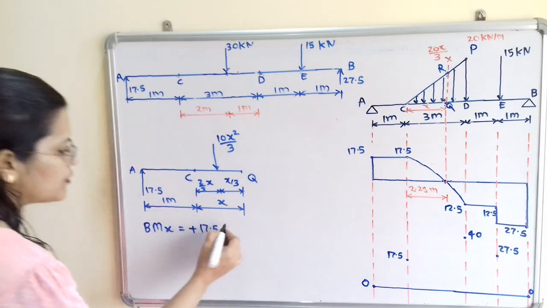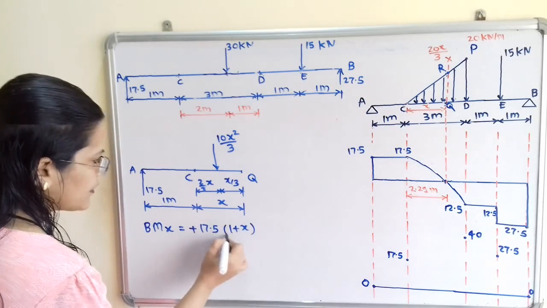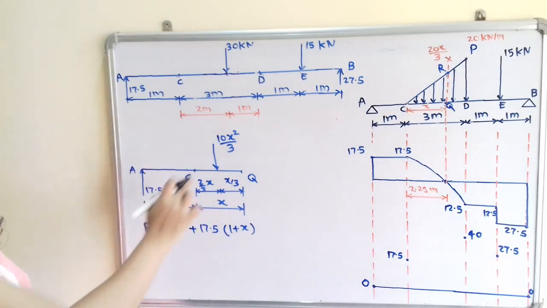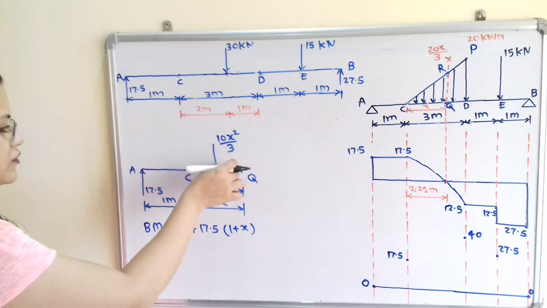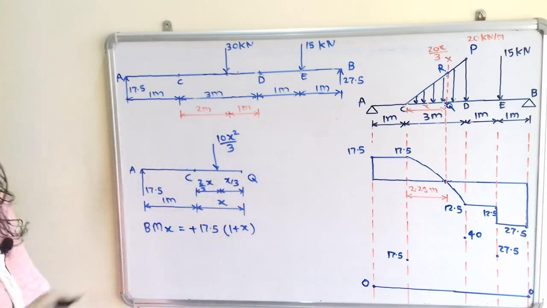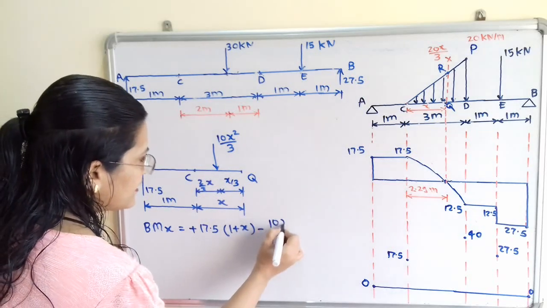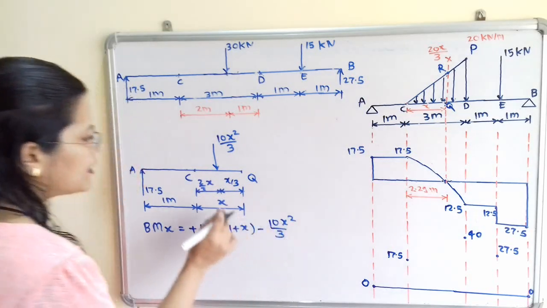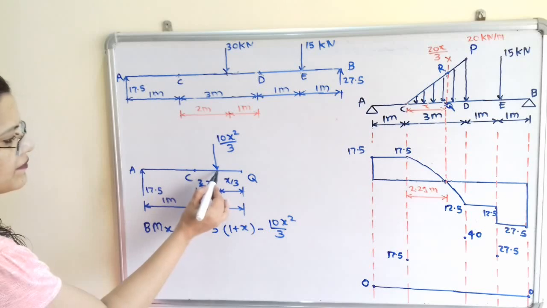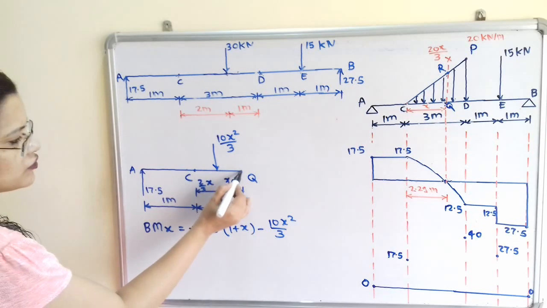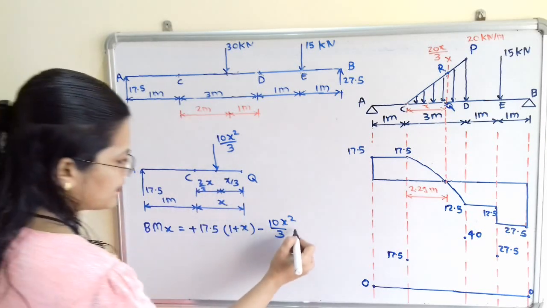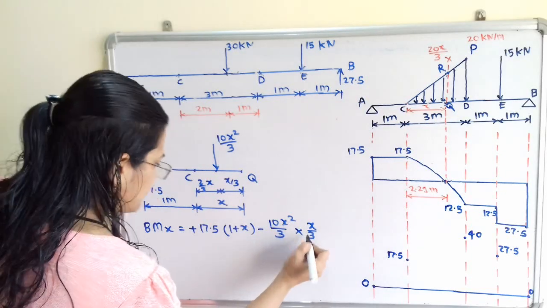So distance is 1 plus x. Then we will move to the second load. So it is 10x square by 3. So it is in anti-clockwise direction. So we will take minus sign. So minus 10x square by 3 multiplied by the distance in between this point of application of load and Q, it is x by 3 multiplied by x by 3.